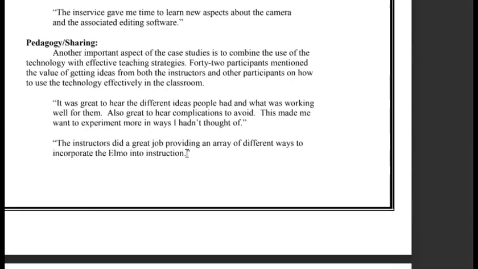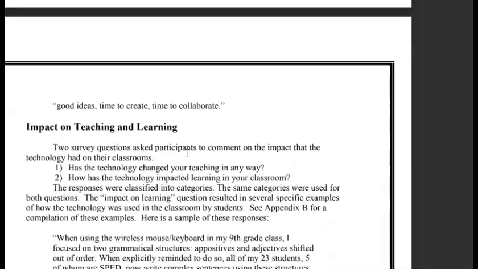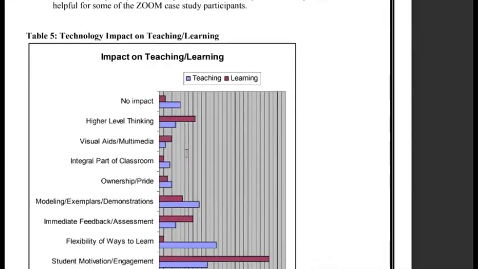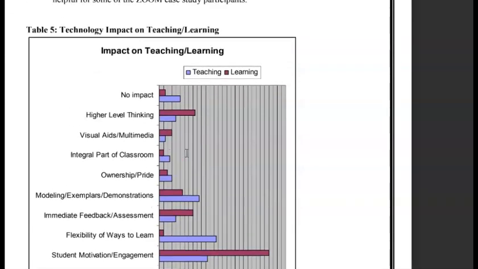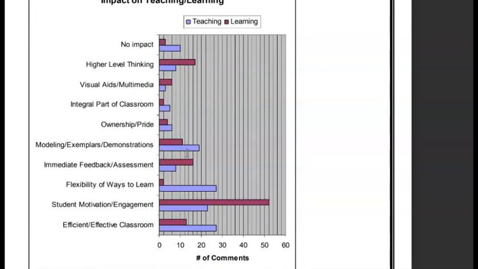But if you scroll down and keep scrolling, you'll see that here is the impact on teaching and learning, and here were the codes. Some teachers said there was no impact on teaching and learning. Teaching is the blue and learning is kind of the purplish color there.